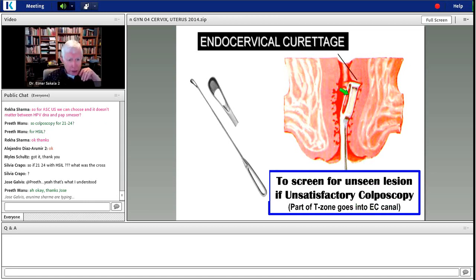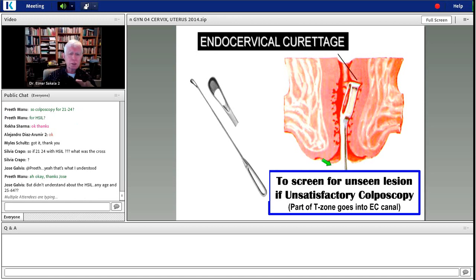The risks of endocervical curettage in terms of future fertility or cervical insufficiency, that's not a problem. This does not remove any of the cervical stroma. There's no risk of scarring with endocervical curettage. But this is sent separately.